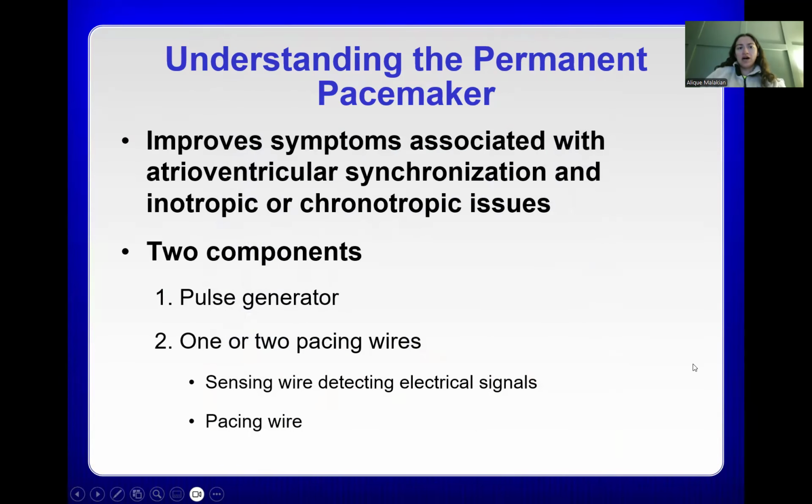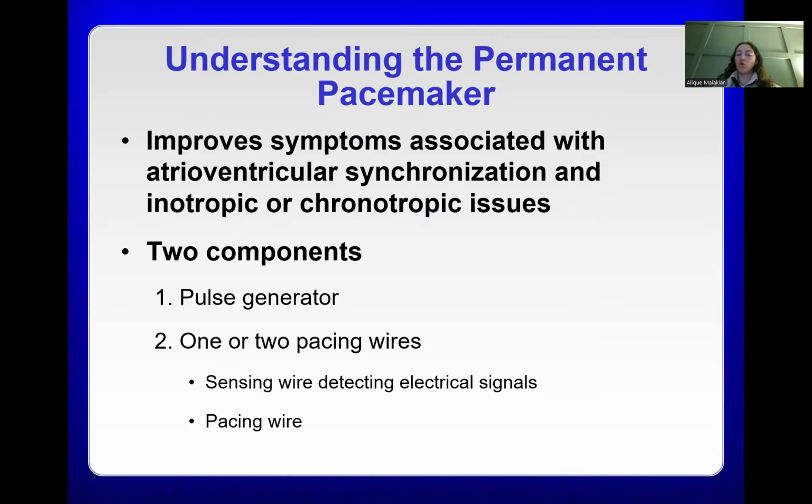Okay, so just how to understand what a permanent pacemaker even is. It improves symptoms associated with atrioventricular synchronization and inotropic or chronotropic issues. Man, that came out of nowhere. So there's two components to a permanent pacemaker. You've got a pulse generator and then either one or two pacing wires.